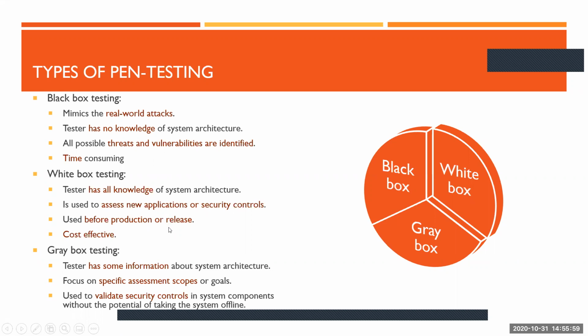So outside of that scope, we would not know. Gray box testing, you would know some information about the system, and it would only focus on specific goals, okay? They would use this for validating security control, and we can do this while it's being used, or if you take it offline for a short period, you can do gray box.